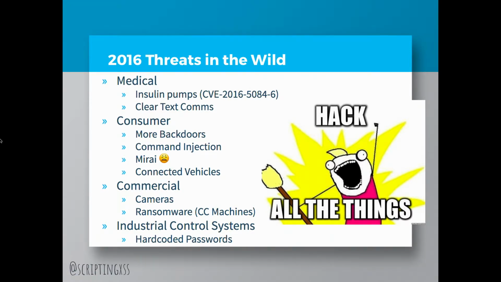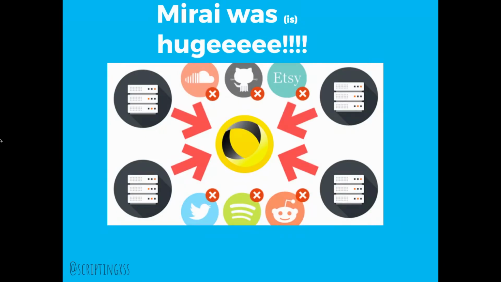But again, I talked about Mirai, and Mirai was huge, and it is huge. It's changed the way IoT security works and the way devices are communicating over, say, botnet C2 communications. Obviously, it took down our portion of the internet. I found out because I was listening to SoundCloud. I was like, what happened to SoundCloud?